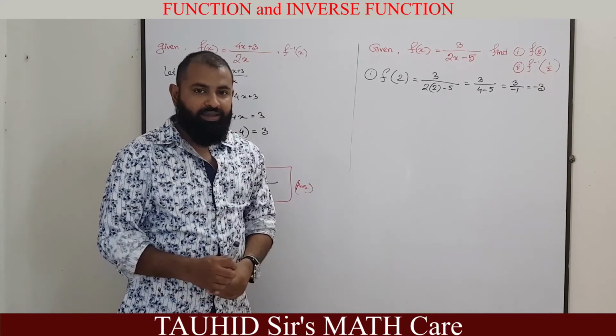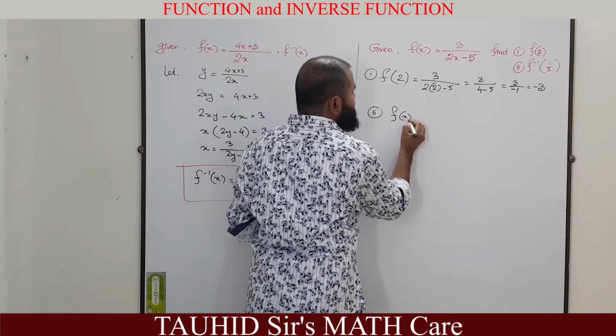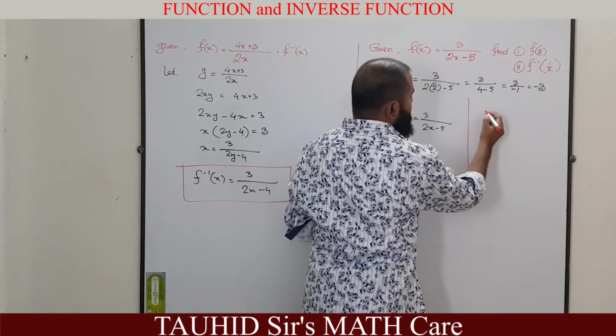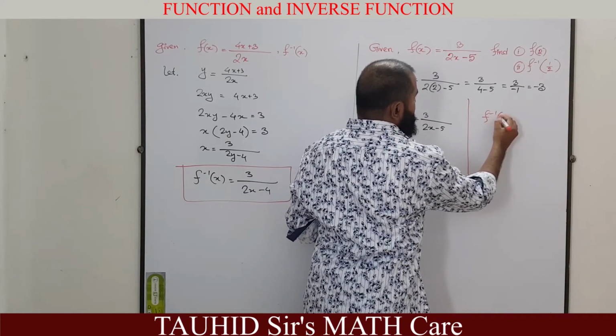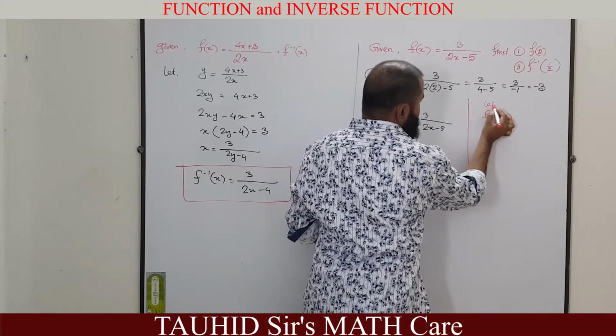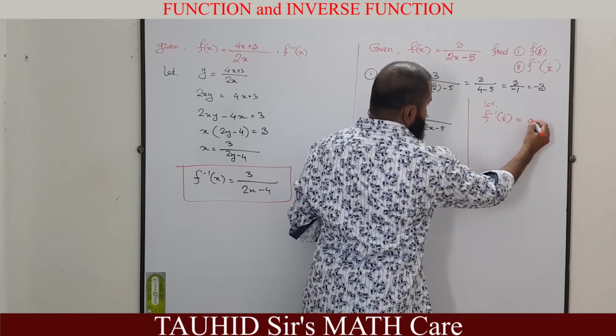So let's learn that. We are given that f(x) = 3/(2x - 5). And we are asked to find the value of f inverse (1/2). The thing that we will do is we will let f inverse (1/2) as a.